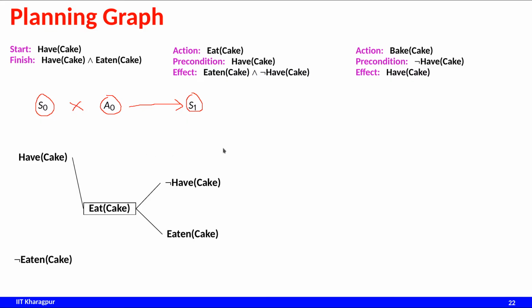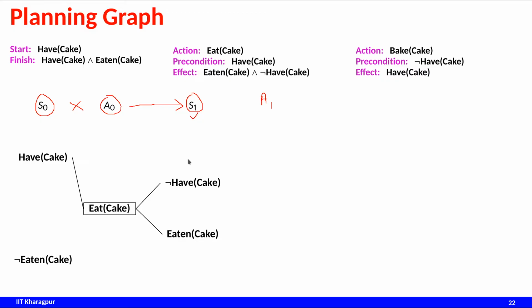But another thing to note here, if we try to apply new actions in the next level, for my A1, then I have to check what are the actions that I can actually make depending on the literals that are available in this level. Now here the thing is that in S1 level I do not have have cake.